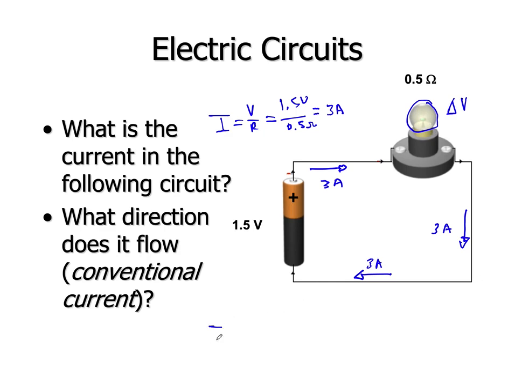If you take Ohm's law and rearrange it, you can get V is equal to I times R. So what's the change in voltage as it goes through this light bulb? It's equal to the current times the resistance. So what's delta V for this light bulb? It's equal to 3 amps times 0.5, or the change in voltage is 1.5 volts.